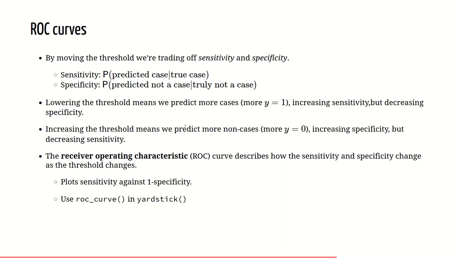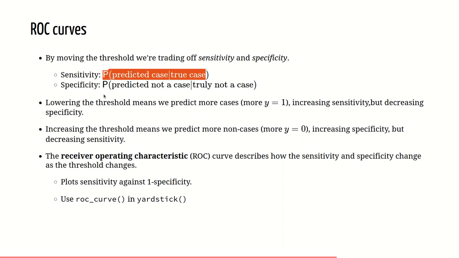And tests are never perfect, so these probabilities are unfortunately never 1, right? And the threshold in logistic regression is trading off these two things. So by lowering the threshold, you predict more cases, and if you're predicting more cases, you're increasing the sensitivity, because you're increasing the number of cases you predict that are actually true cases.